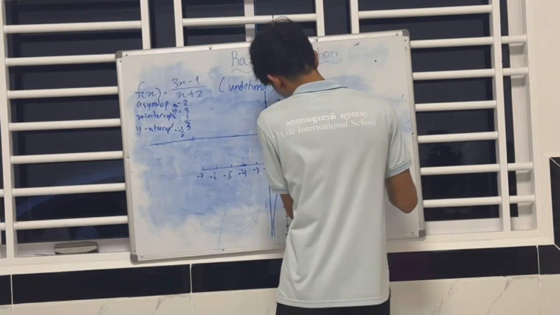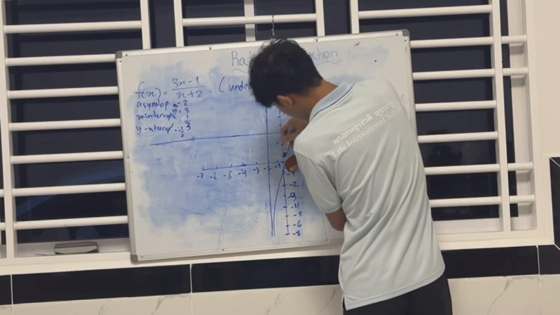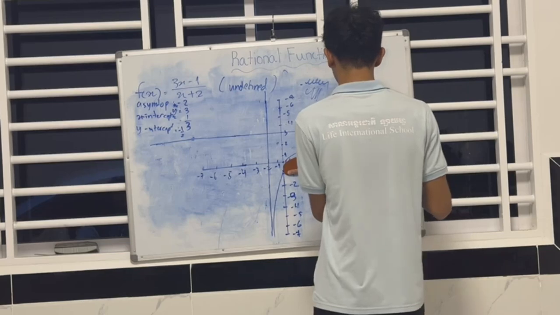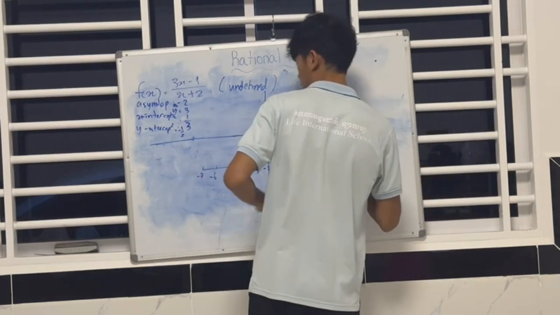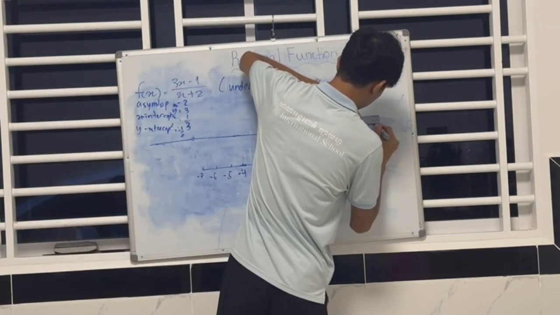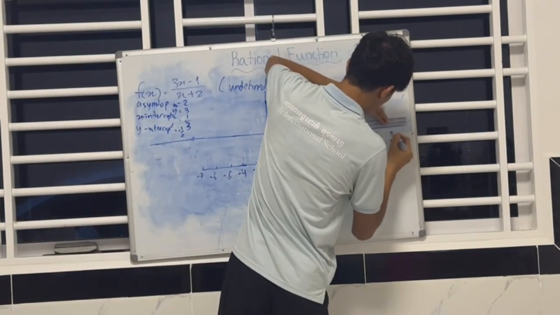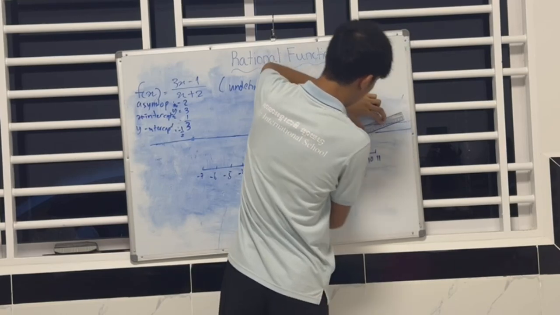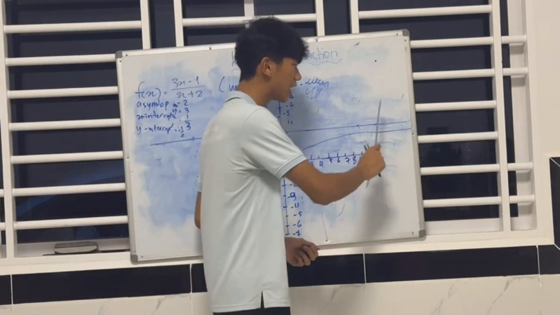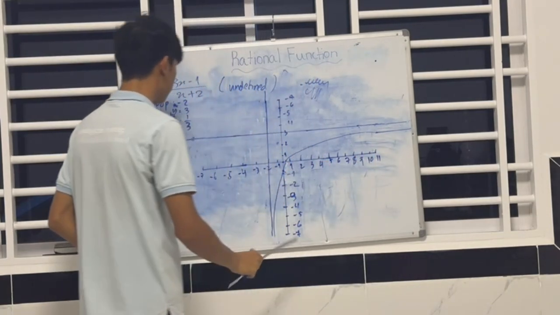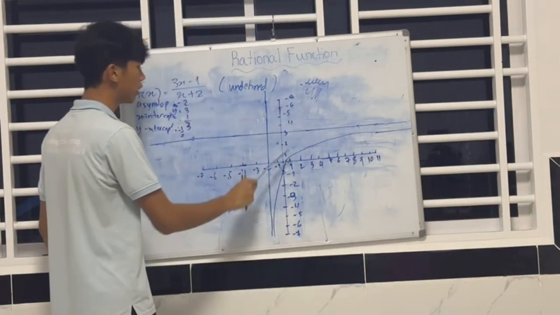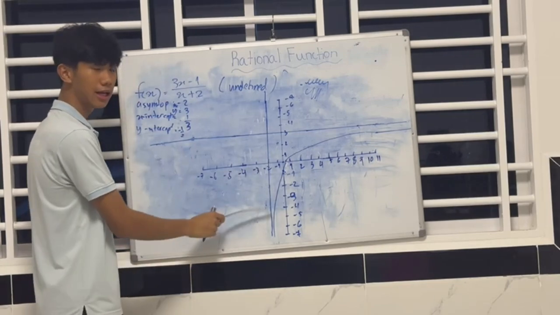You cannot overlap it because it will be wrong if you overlap it. And the line will continue to go straight, but it will not overlap anything. The x-intercept and y-intercept of this one cannot overlap with the asymptote of 3, and also this one, negative 2.